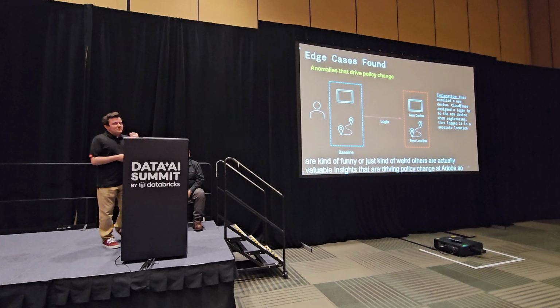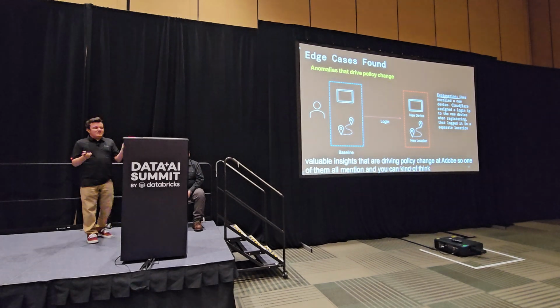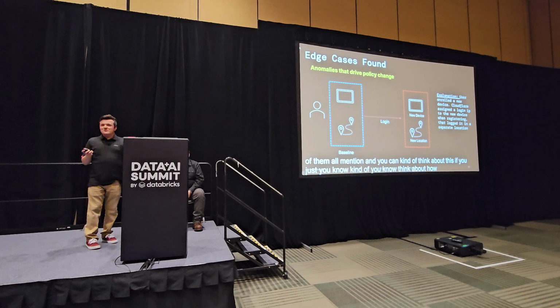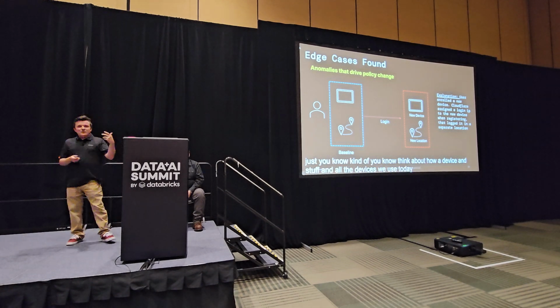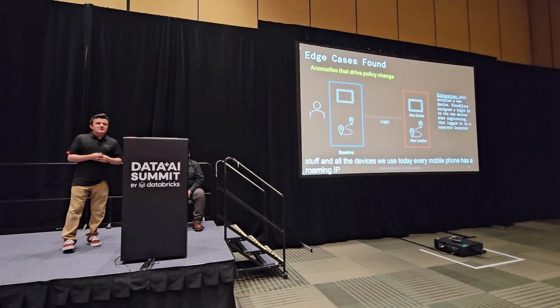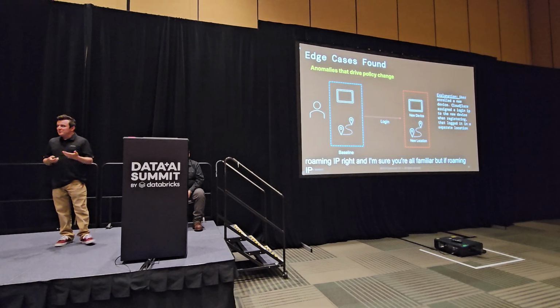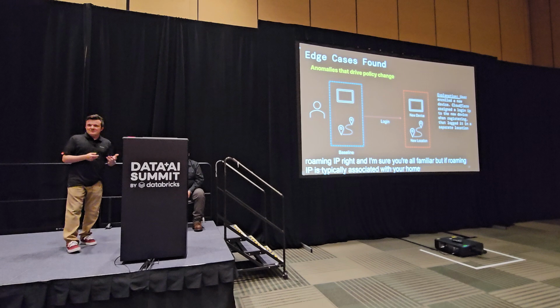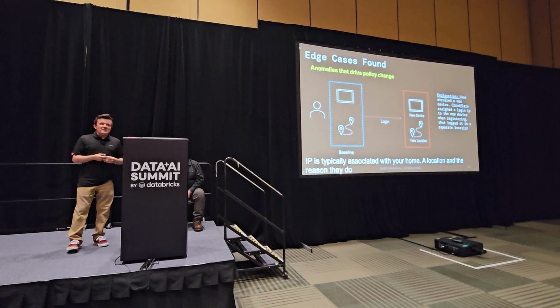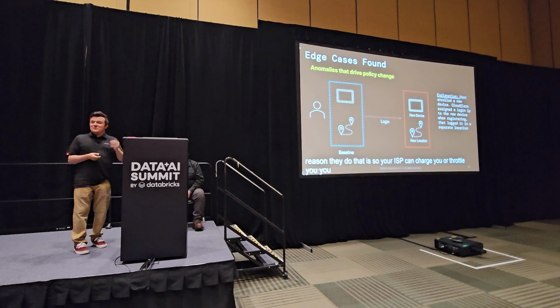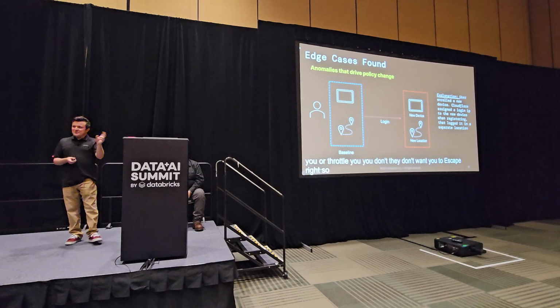One of them, you can think about if you consider all the devices we use today. Every mobile phone has a roaming IP, right? I'm sure you're all familiar, but a roaming IP is typically associated with your home location. The reason is so your ISP can charge you or throttle you. They don't want you to escape, right? So they'll throttle you based on your home location.